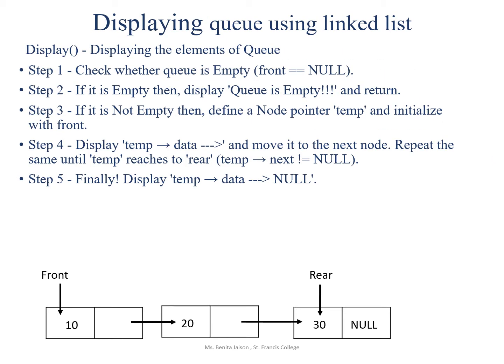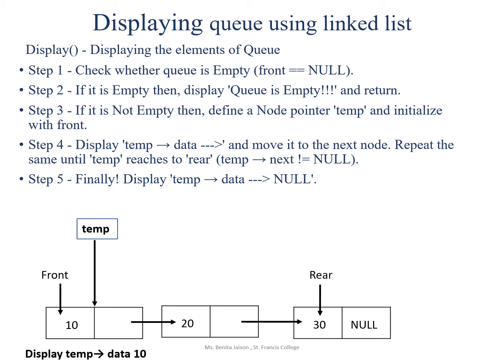Now let us see the steps for traversing through the elements of a linked queue using a display function. First, check whether the queue is empty by the condition: if front pointer is equal to null, then the queue is empty. Display the message and return the control. If it is not empty, then define a node pointer called temp and let it point to the address of the front node.